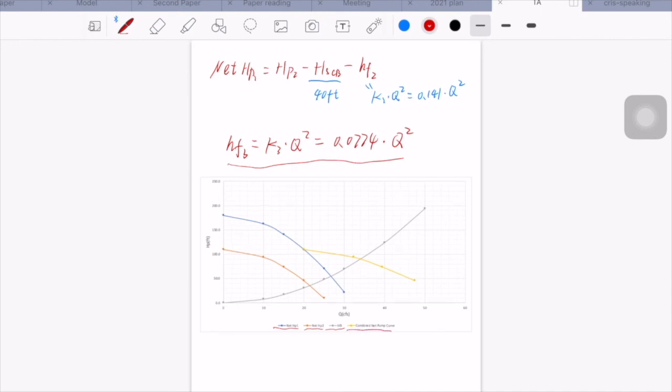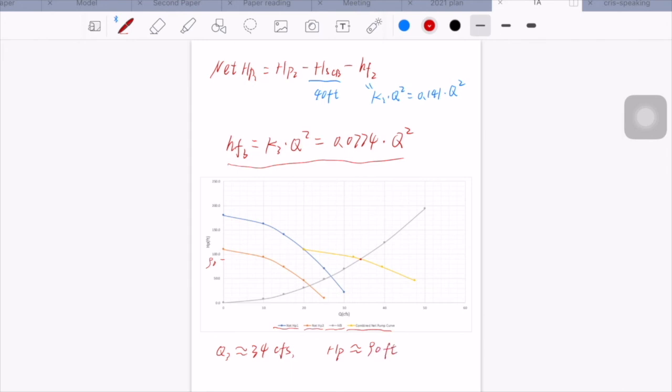Now we can find that the intersection of the combined net pump curve and the HF3 curve is at the total discharge Q3. Q3 approximately equals 34 cubic feet per second, and the net pump head HP is approximately 90 feet.